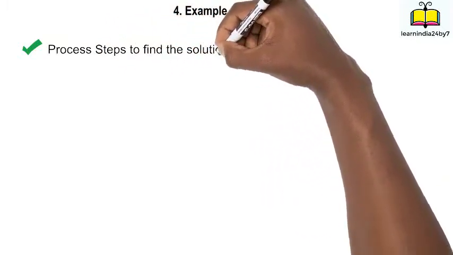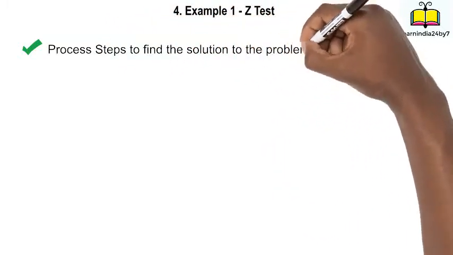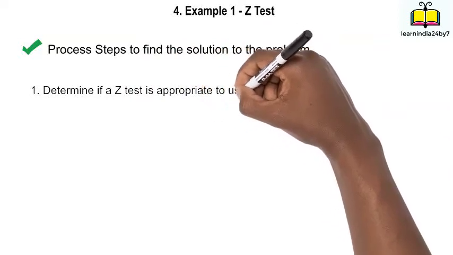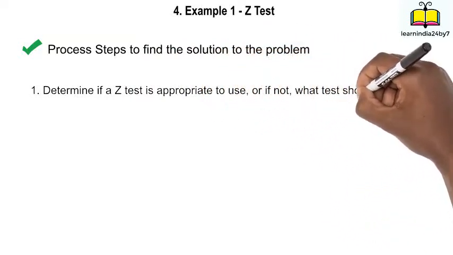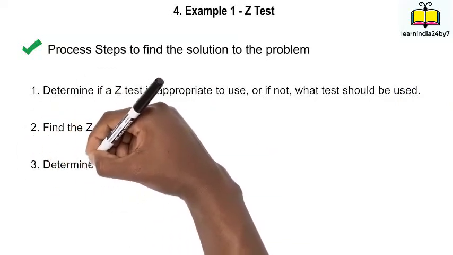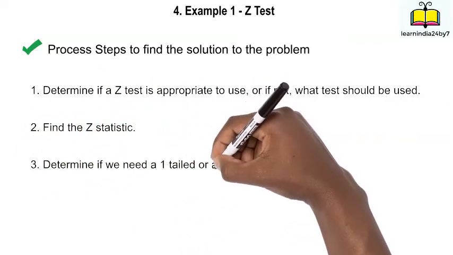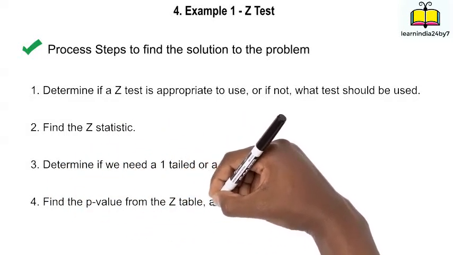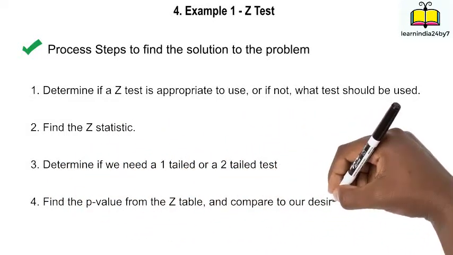We shall use the below process steps to find the solution to this problem. First, we will determine if Z test is appropriate to use. Next, we'll find the Z statistic. Then we'll determine if we need a one tail or two tail test. And then finally, we'll find the p-value from the Z table and compare it with our significance level.